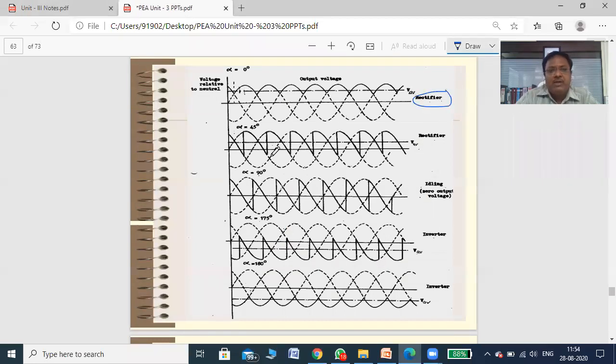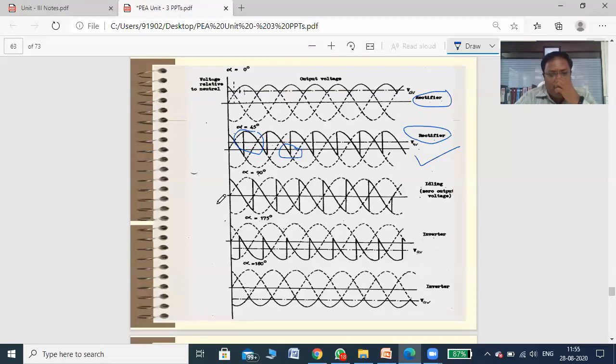Then if you increase alpha up to 45, you can see here the positive part and the negative part. The negative part starts to increase as alpha increases, but the output is still more positive, and the power is delivered from source to load. So that operation is also called rectification.